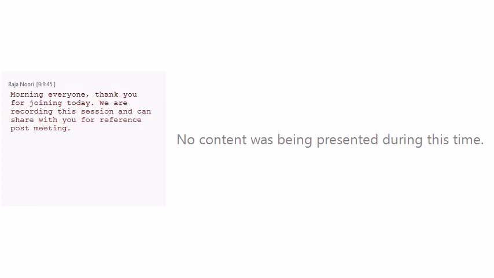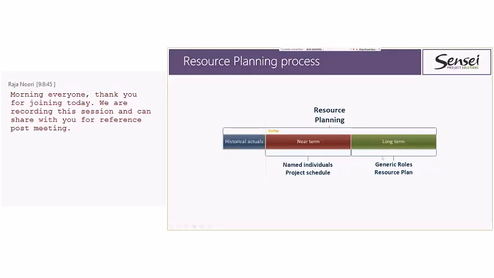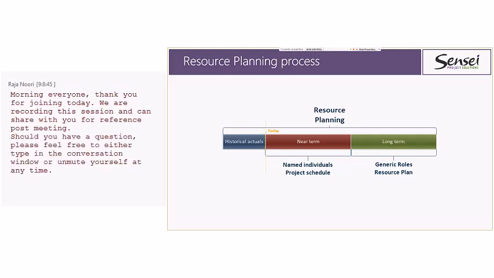So generic roles and resource plans are what we do long term. However, once it's time to plan those projects out in the near term, and near term could be 3, 6, or 12 months, depending on your organization's definition and planning horizon, then we typically go to named individuals in a project schedule, and this is where resource workload leveling fits in.